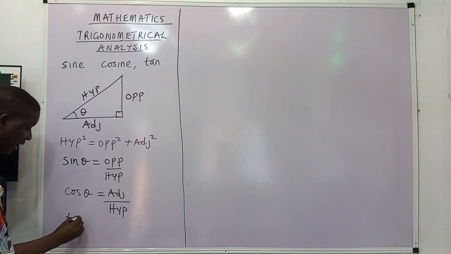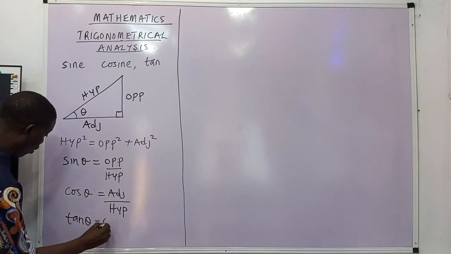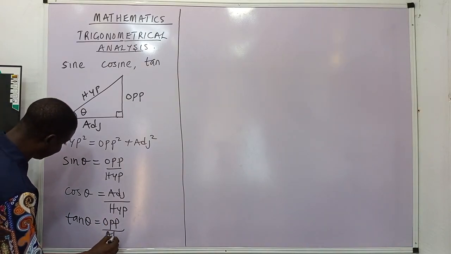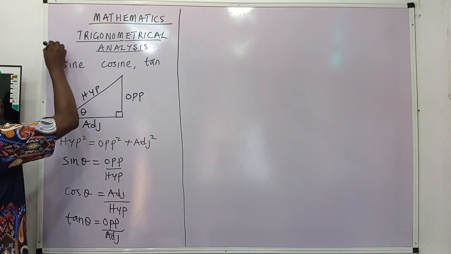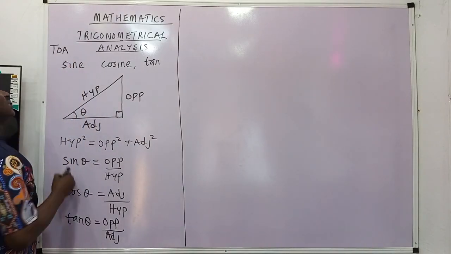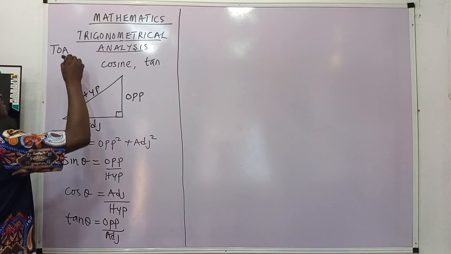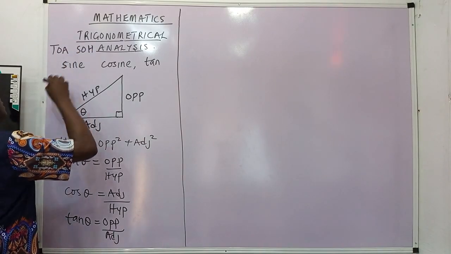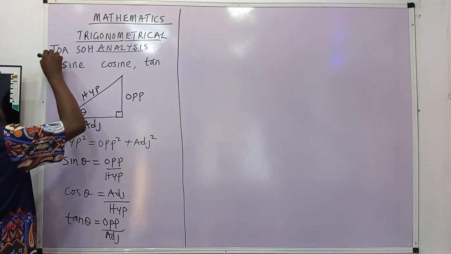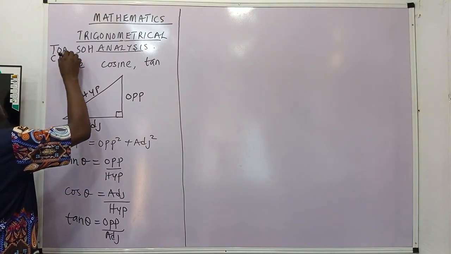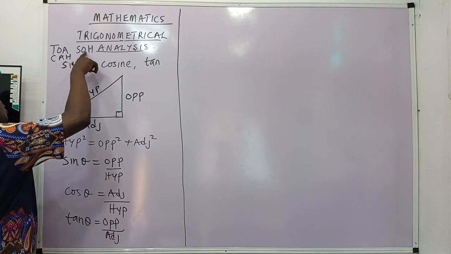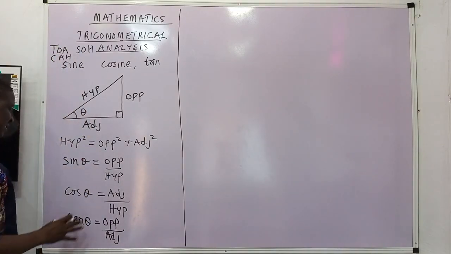Then tan theta is equal to opposite over adjacent, like what we say, TOA. TOA is for tan, SOH is for sine, and CAH is for cos. So, CAH-TOA. So that is it.